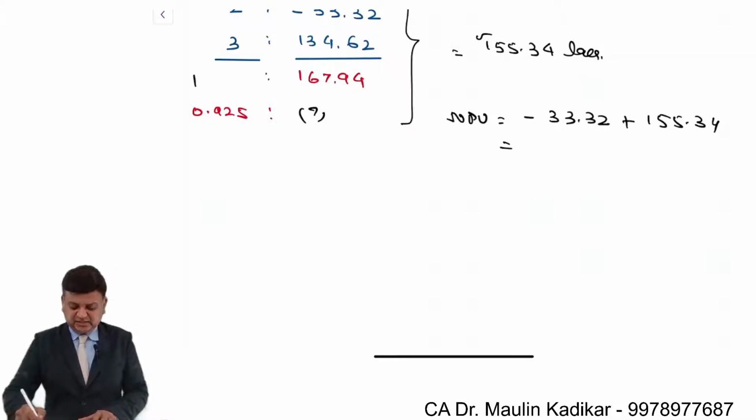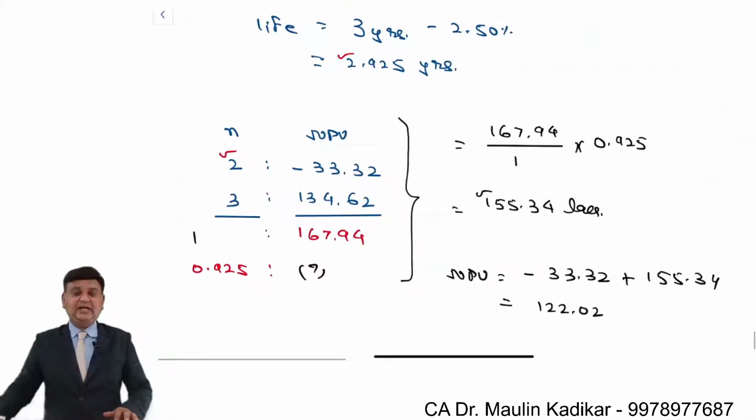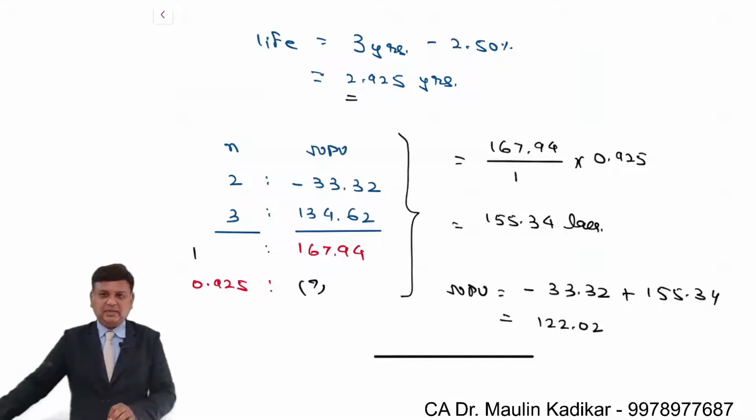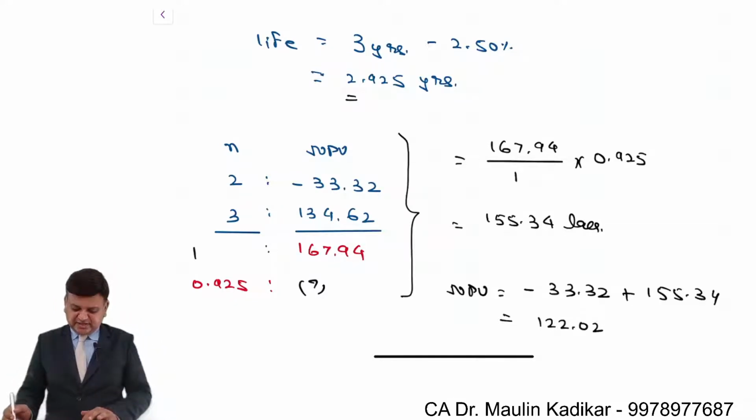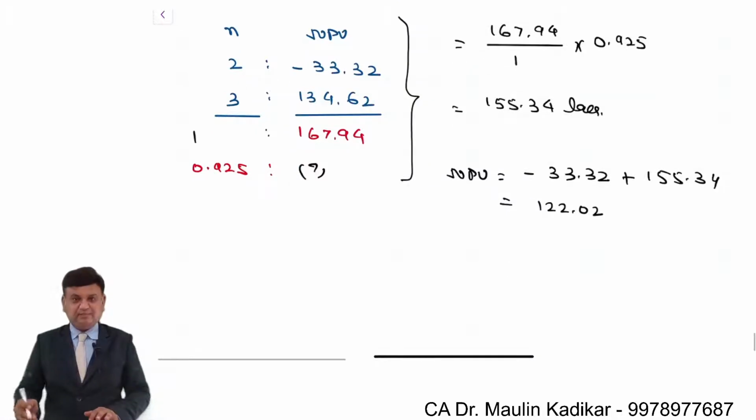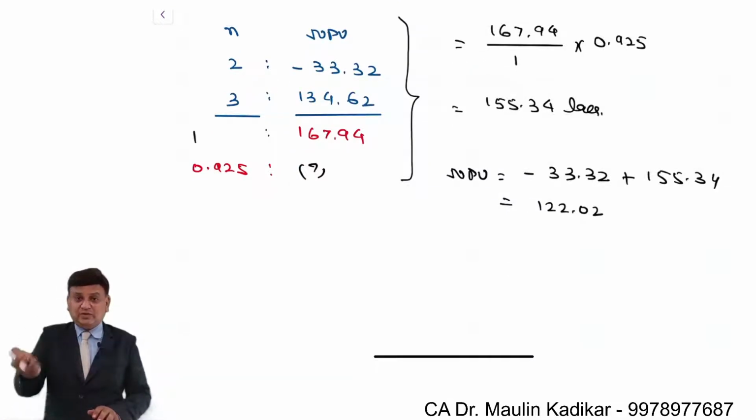So the final answer is 122.02. This is the way the NPV of the project can be calculated. So we understand that if at all life of the project reduces by 2.5%, this is the NPV. That is what we understand.